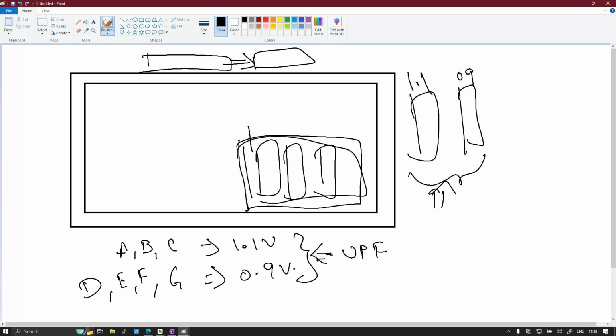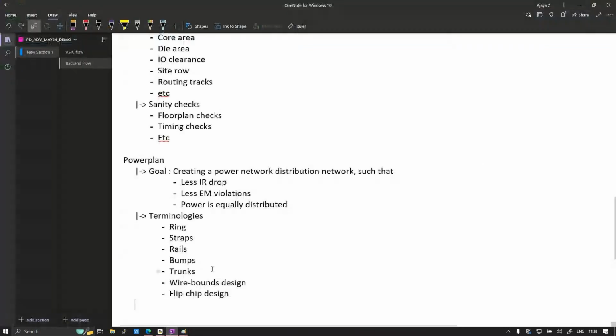We are expecting a bill of 1,000, we will get a bill of 5,000 or 10,000, right? So that's why you need to separate and place them. So that's why the UPF file has to be sourced first, before going into the floor plan stage itself. Clear? I think I have answered your question.